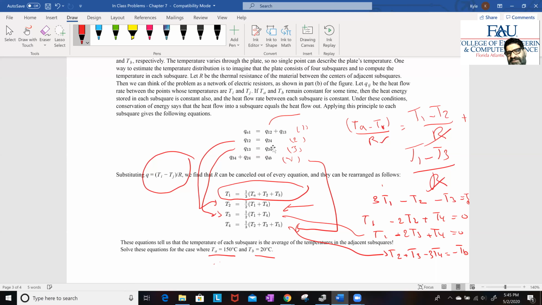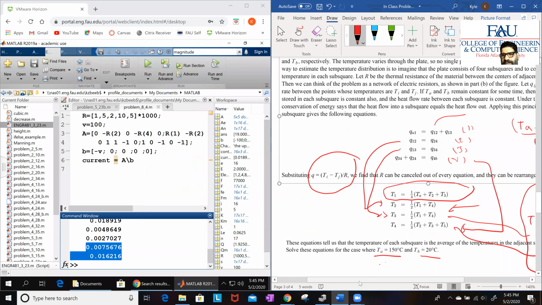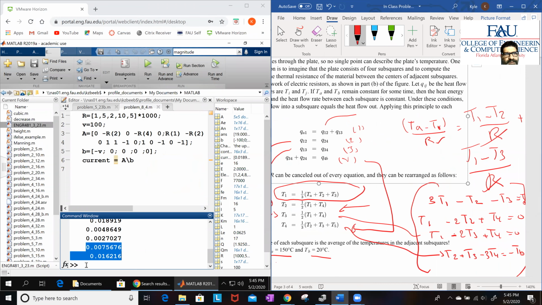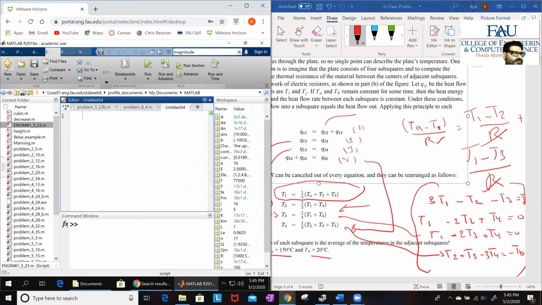Okay, so as you can see, four equations, four unknowns. We can pick out A from there. So what is A in this case? Let me scroll in here. We're done with this, so just this one, and open a new one.